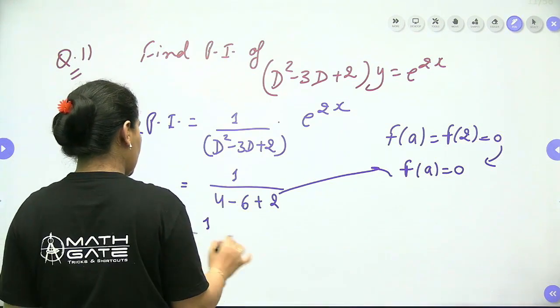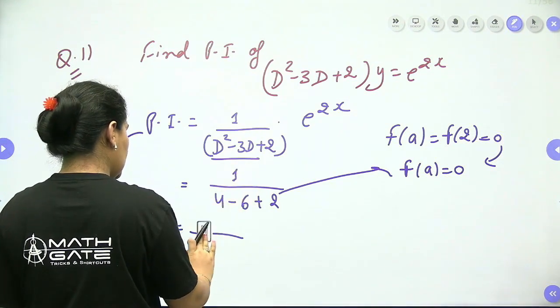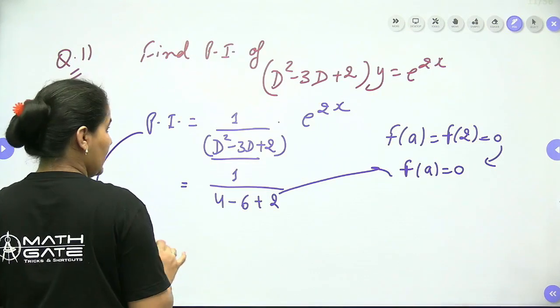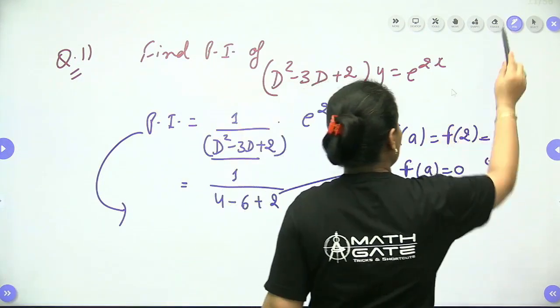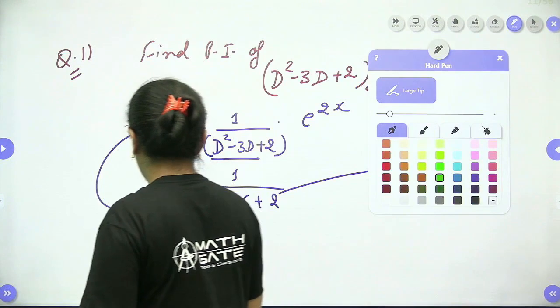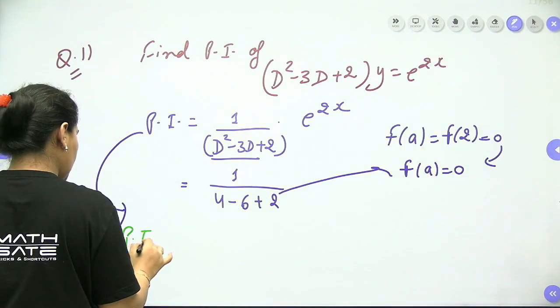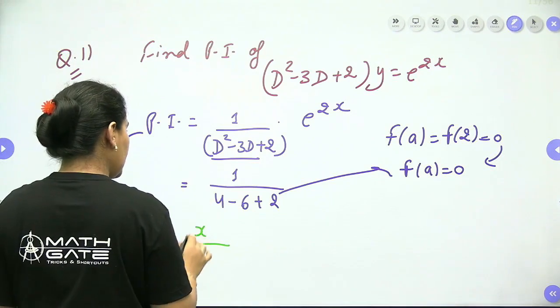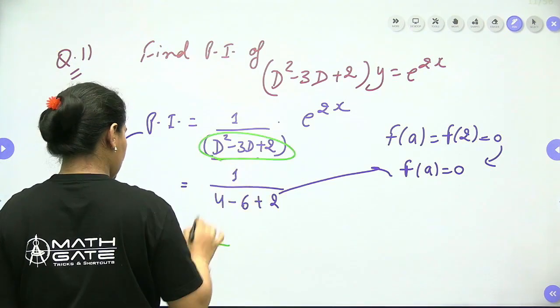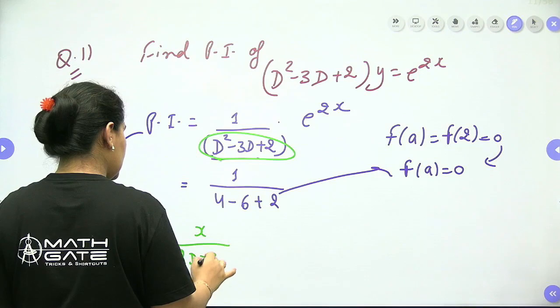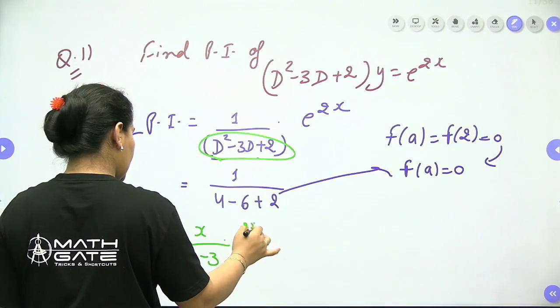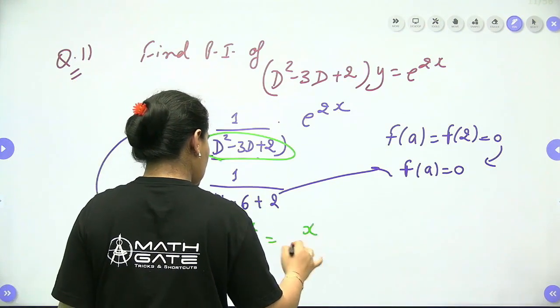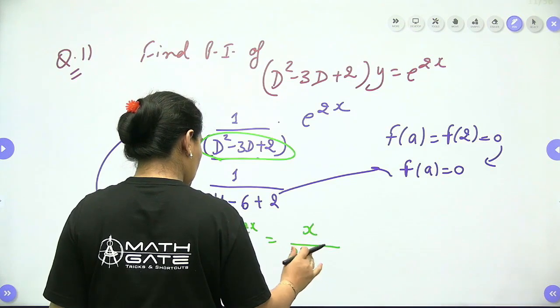So it will be 1 by the differentiation of this one. It's not 1. Let me write it down with a different color. Yes, so PI is equal to x by f dash a. F dash a means the differentiation of this, which is (2D - 3) into e^(2x).